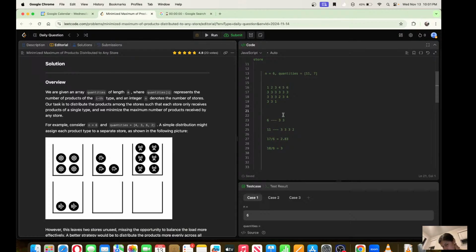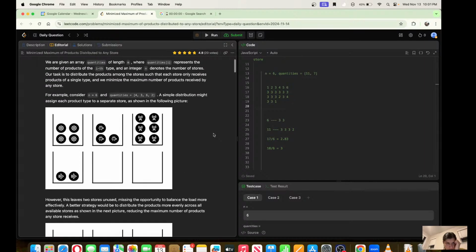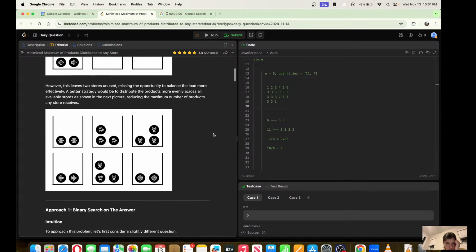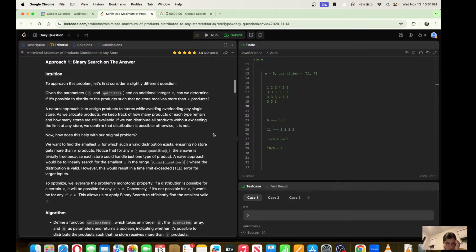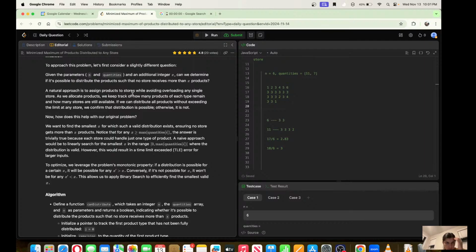Oh, you mean, a natural approach is to, given the parameters, determine if it's possible to distribute the product such that no store receives more than X products.